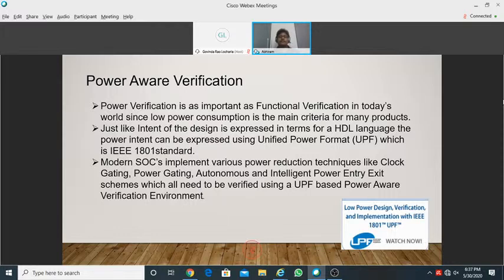A lot of SOCs use this. So for all these things, you have to have a power aware verification, which is based on the UPF flow. Okay, going to the next slide.